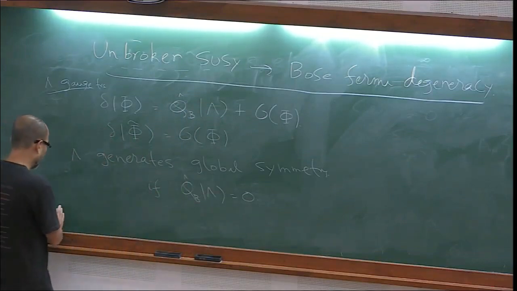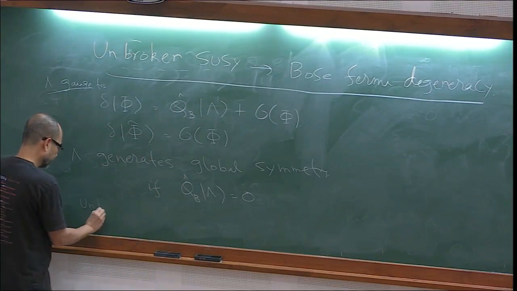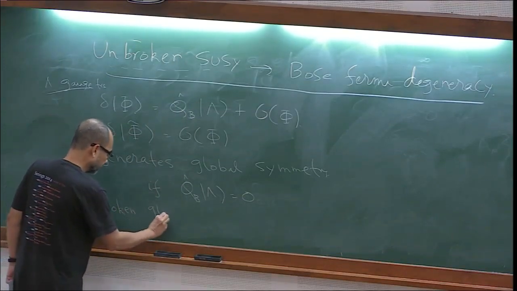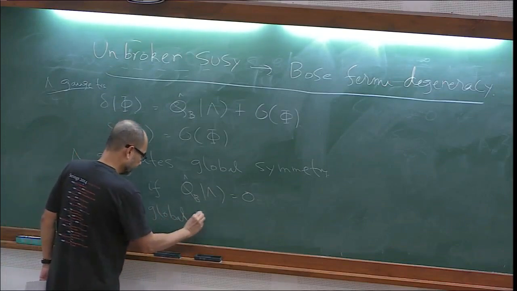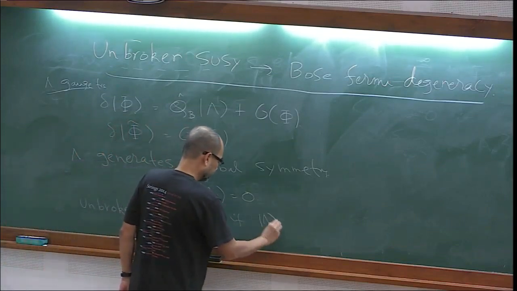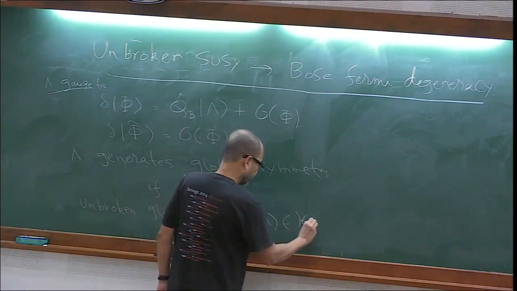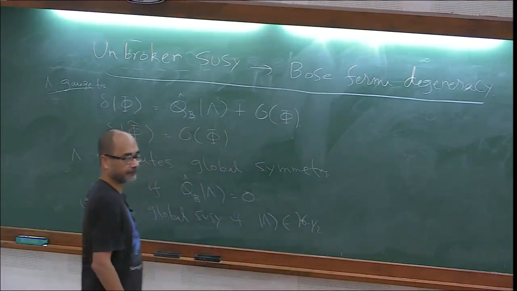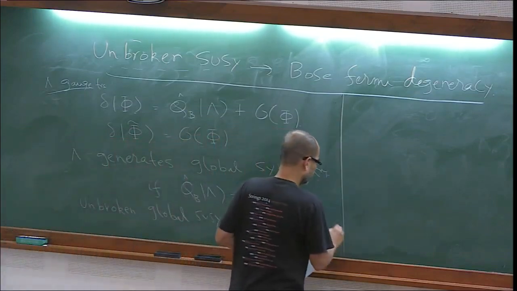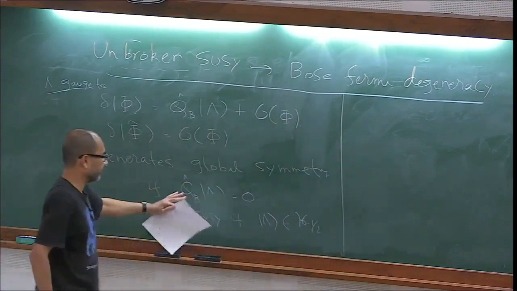And it's an unbroken global SUSY if lambda belongs to H minus half. That's the Ramond sector. Okay, so let's suppose we have such a symmetry.